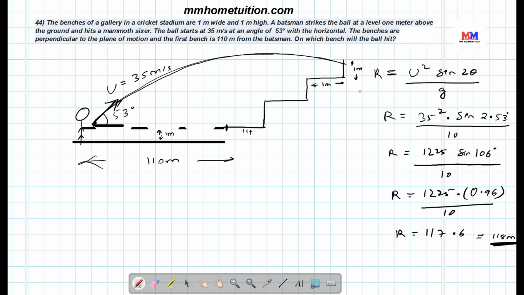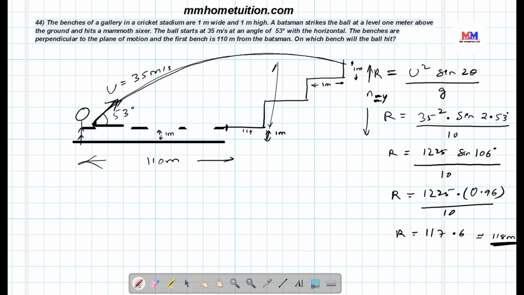Then we have to find the bench on which it will strike. Let this vertical distance be n, and this horizontal distance be 110 plus something. If the total height is n, and the batsman strikes at 1 meter above the ground, then this height is n minus 1.